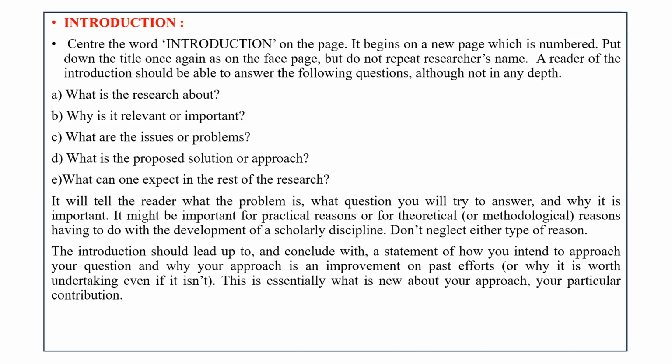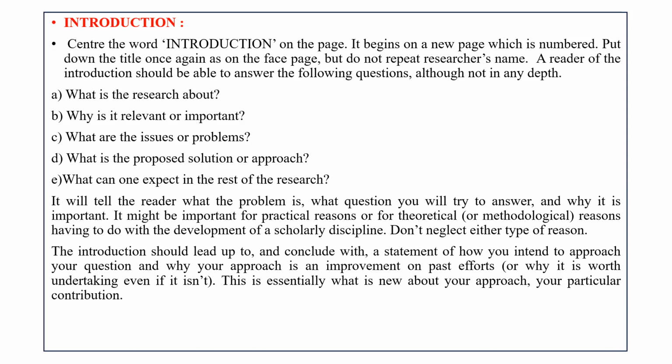Now if the problem is a very basic one, you may state the problem first and then review what has already been found about whatever research topic you have taken. Now if the problem is one that grows out of past literature, review the history of how it arose, right? So it depends on what type of problem you have. Accordingly you have to write the background or literature review. Mostly in the introduction it will be similar to the literature review, because here also you are gathering information from the past and writing it here.